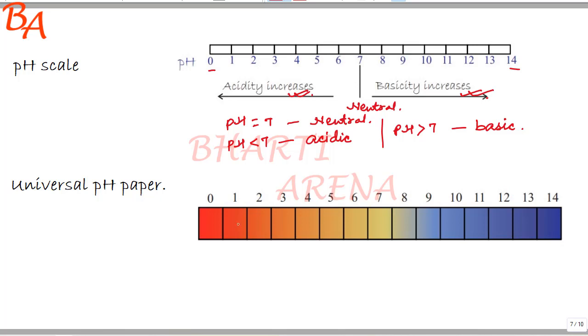So a drop of test solution is put on pH paper, and the color formed is compared with the color chart. So if the color formed on that pH paper like this one, then it suggests that the pH of the solution is 0. Thus the pH of the solution is known by universal pH paper by matching that color with the given color chart.